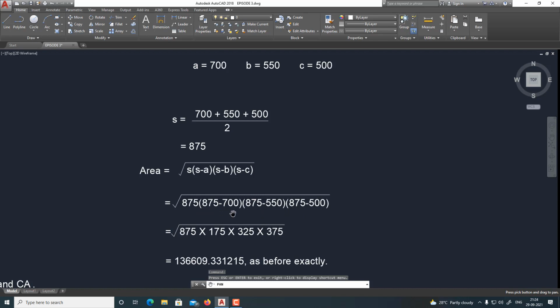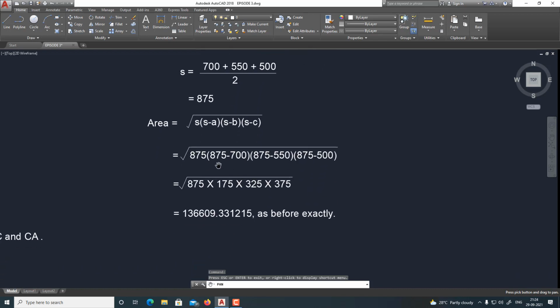A is equal to 700, B is equal to 550, C is equal to 500. So this is 875. We simplify this, 175. We simplify this, 325. We simplify this, 375.